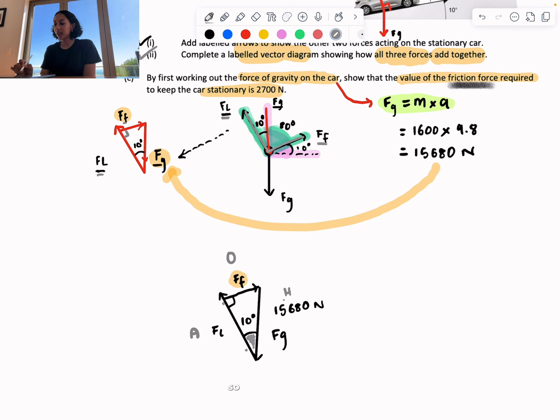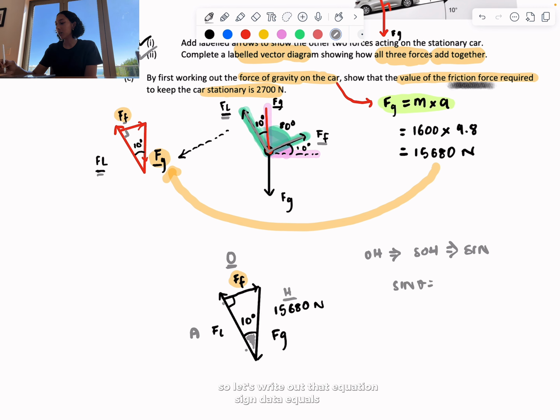So let's use our known hypotenuse and our opposite, which is what we want to try to figure out. So whenever we are dealing with O and H, we have to use our SO, aka our sine function. So let's write out that equation. Sine theta equals O over H.